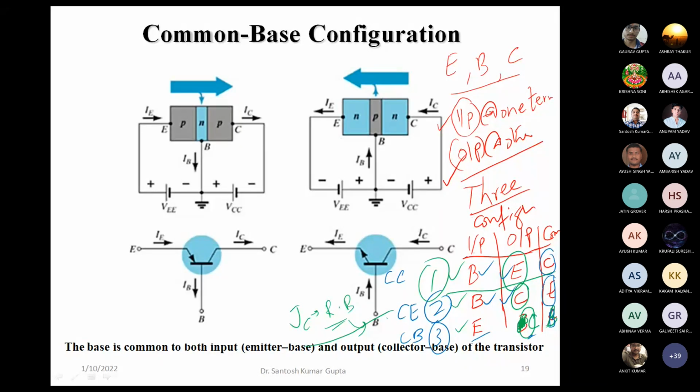From the next lecture, we will look into the details of these configurations and some more of their characteristics, starting with the common base configuration, where input is given at emitter and output is taken at collector.